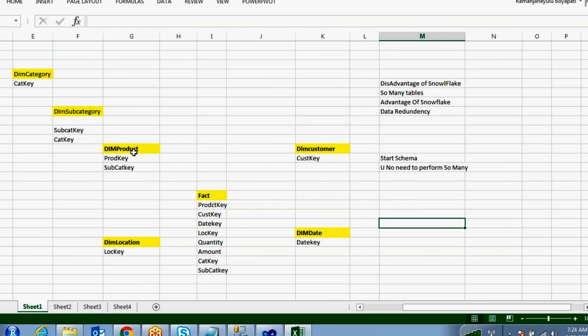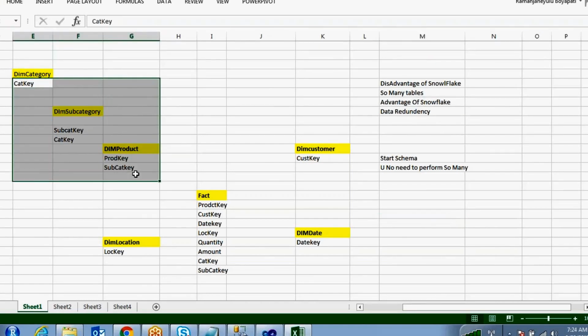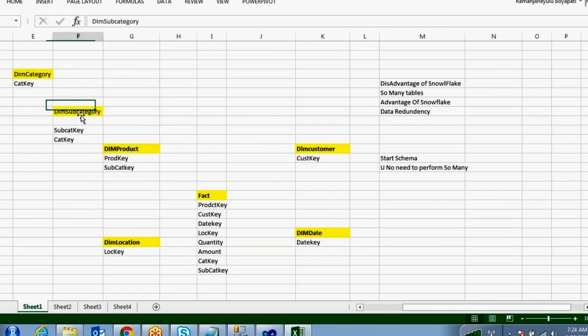So in the star schema, we maintain category, subcategory and product in a product table, and that will also cause data redundancy. Or you make a category table and subcategory table with a direct relationship to the fact table. That also impacts your data redundancy.